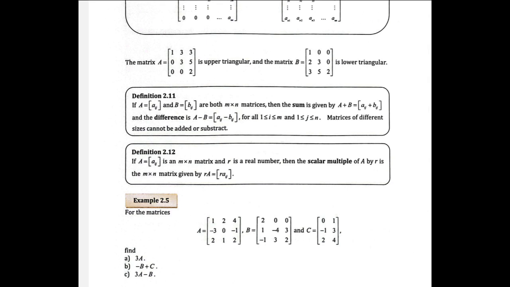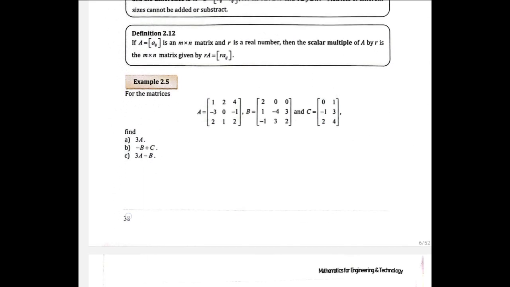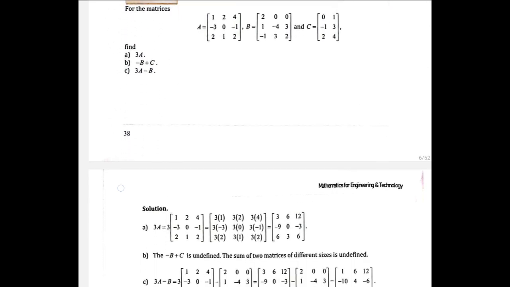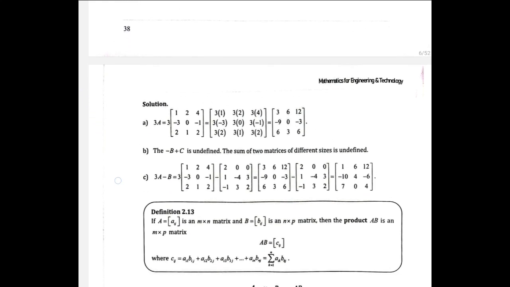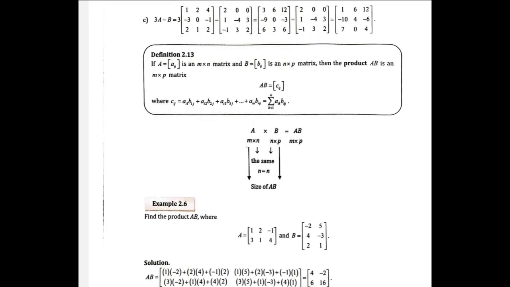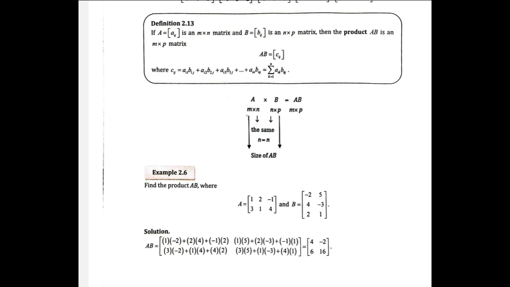Now, other than scalar multiplication, we also have the common multiplication between matrices. In the multiplication between matrices, there are situations where two matrices can be multiplied or cannot be multiplied together. So let's look at this rule. We can only multiply two matrices when the size of the matrices is as follows.